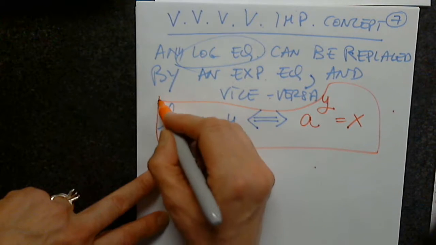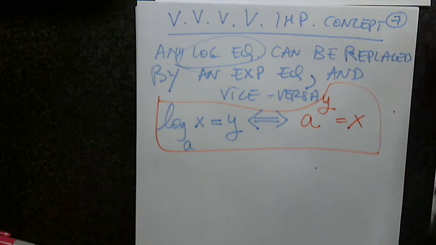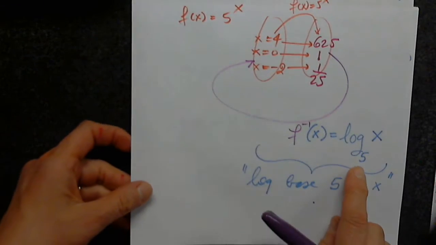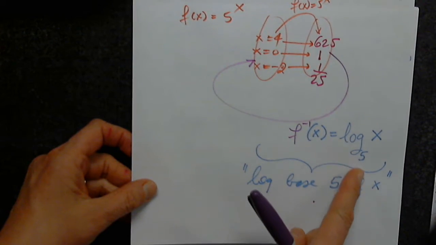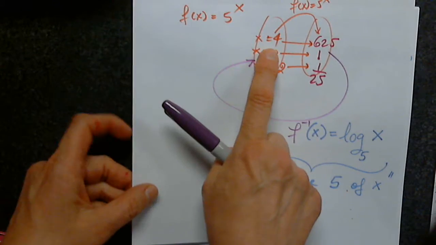This, I claim, is the most important concept in this entire chapter. Everything, in my opinion, is based on this. Now, knowing this concept, I am going to show you how I apply log base 5 to 625, and I will recover 4.